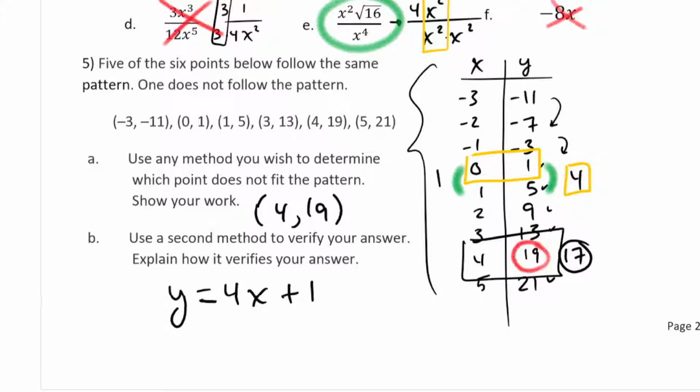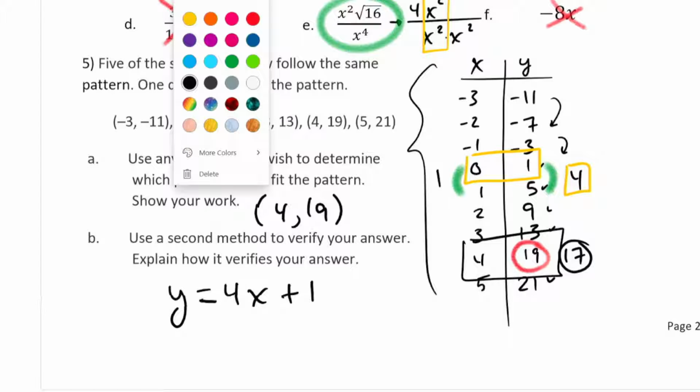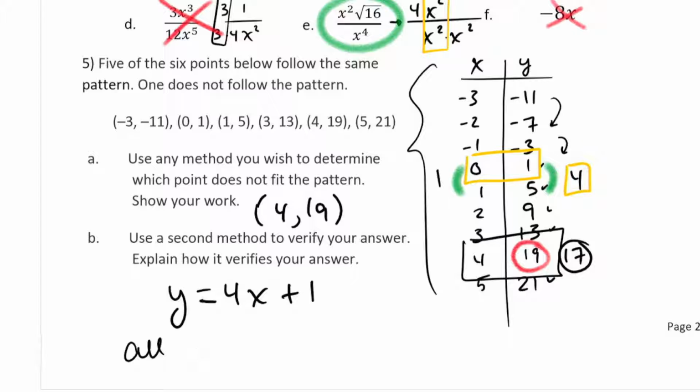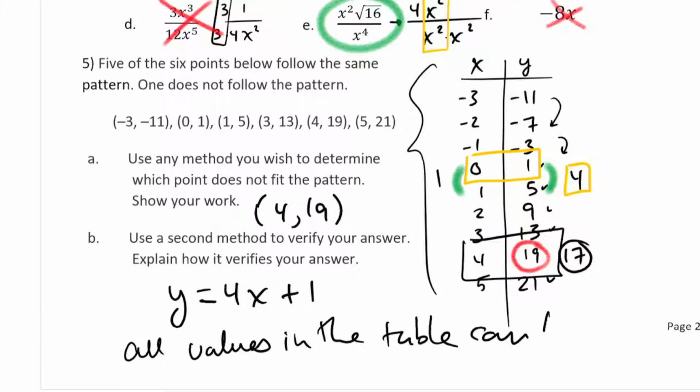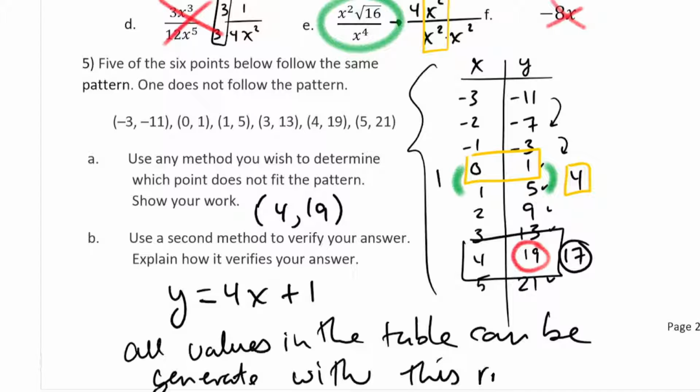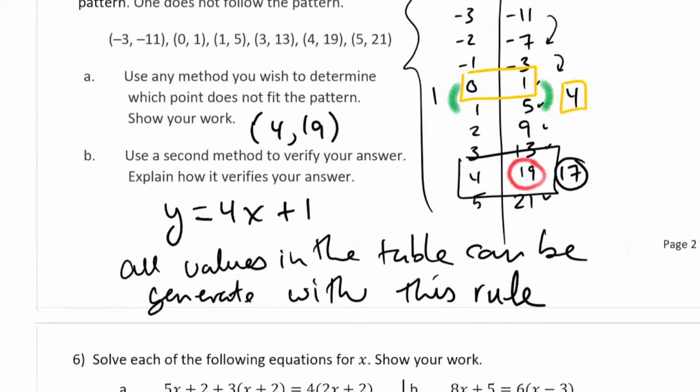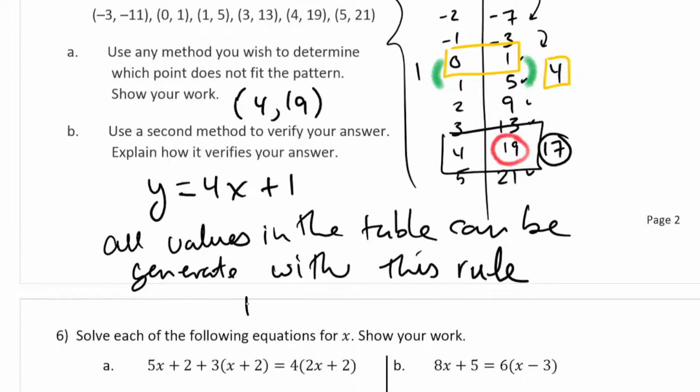So I could say all values in the table can be generated with this rule, except for 419.